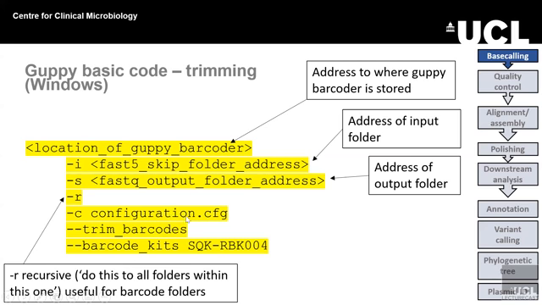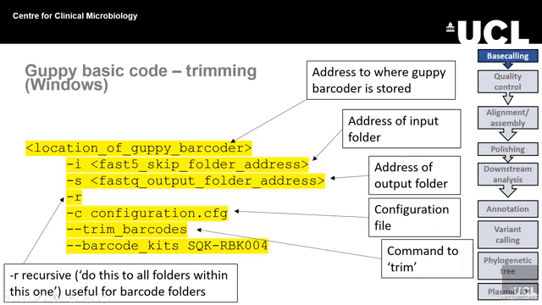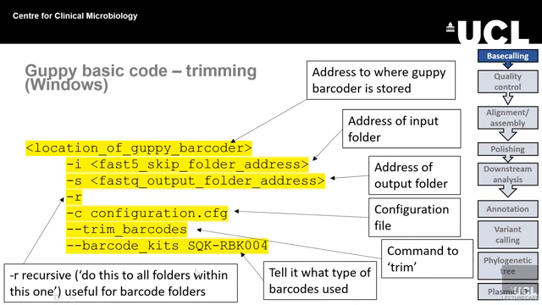Then you get the configuration file, and you can check on the Guppy page which one you need, but I think for trimming it's just configuration. Then you need to tell Guppy barcoder that you want to trim barcodes, and you also need to tell it what type of barcodes, or what kit, you used.